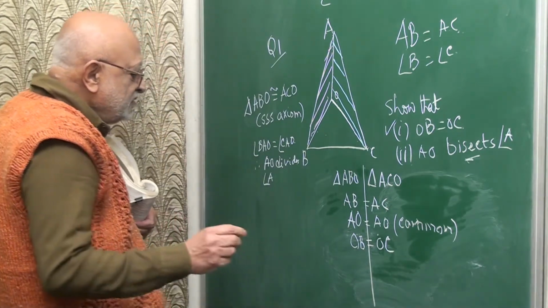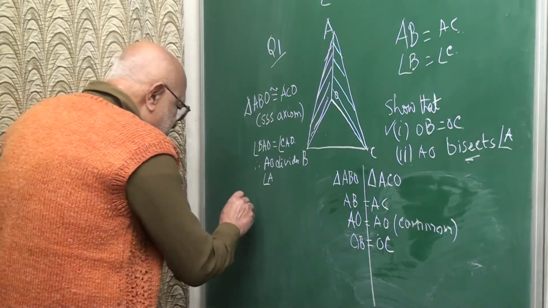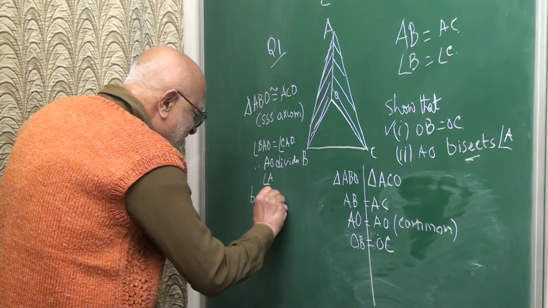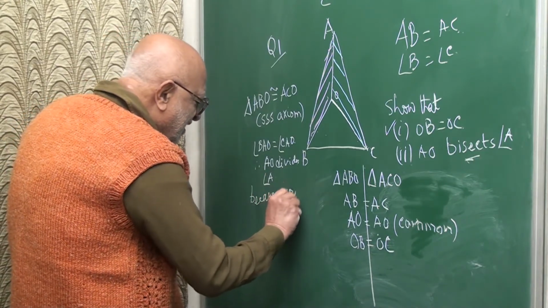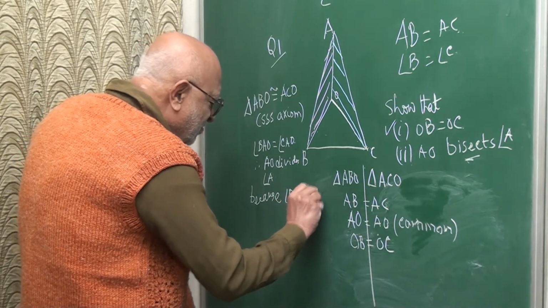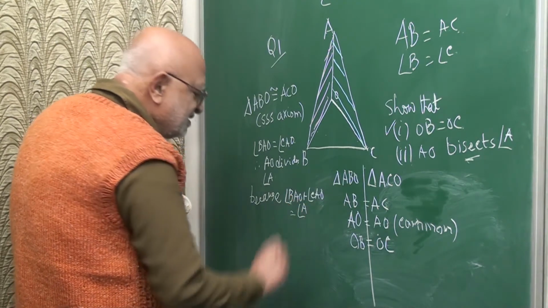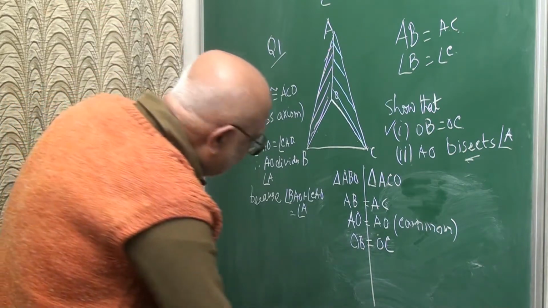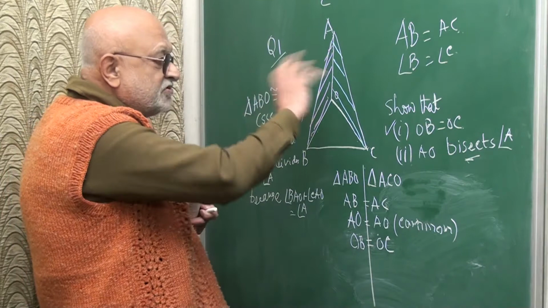Is it okay now? Again, angle BAO plus angle CAO is equal to angle A. This is done. Very easy. First starting point: you don't start on the other side.